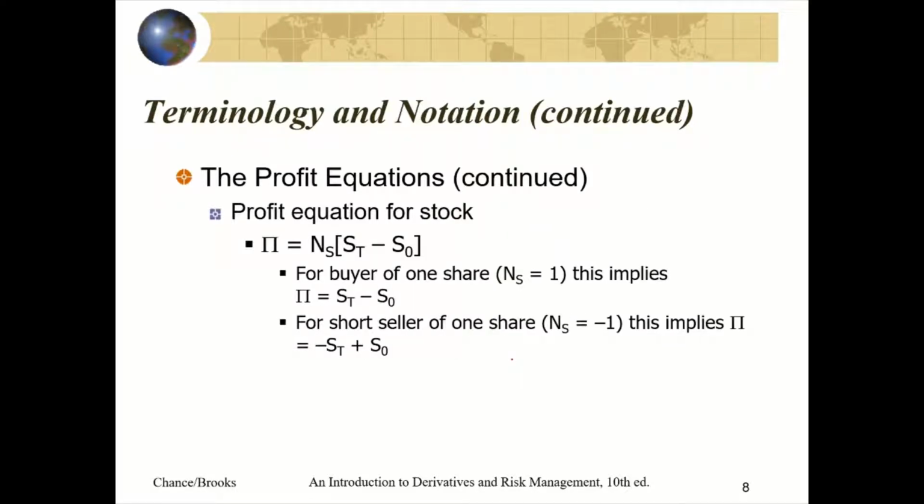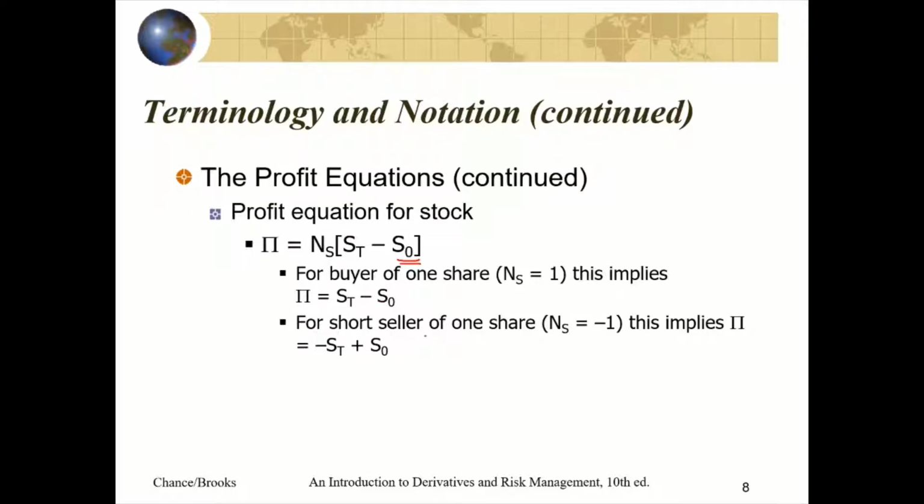Now, if we want to apply the same concept on stocks, which is much more intuitive, basically the profit is the price at which you sold the stock minus the price at which you bought the stock. If you are a buyer of one share, which means N will be positive, then the profit is basically the price when you sell the stock minus the price you paid to obtain the stock.